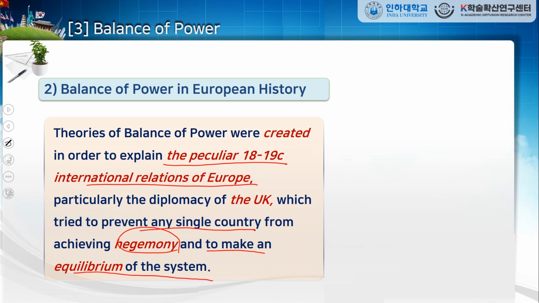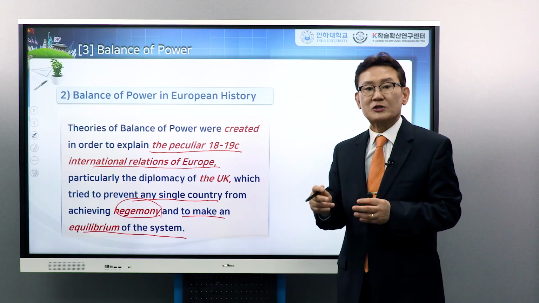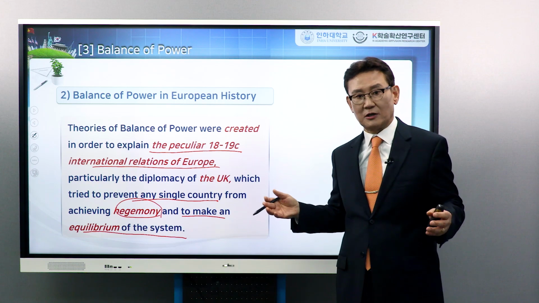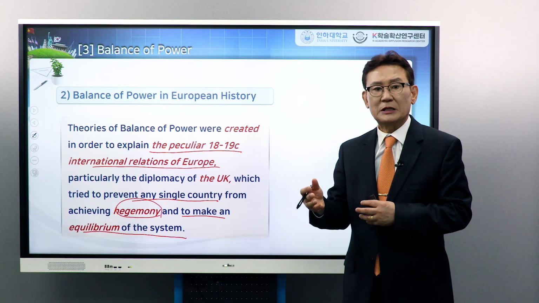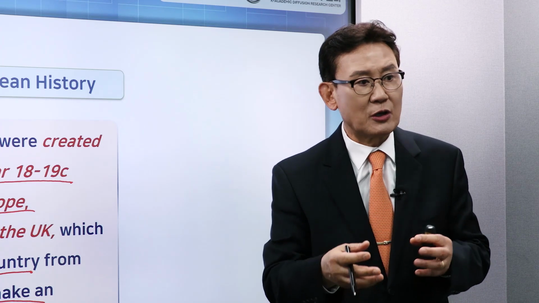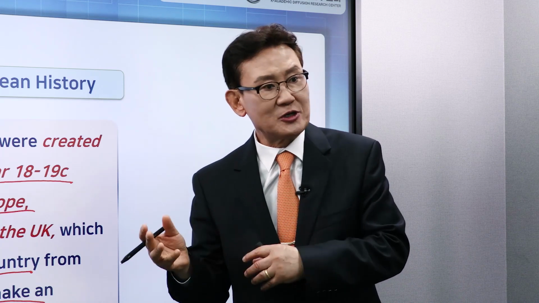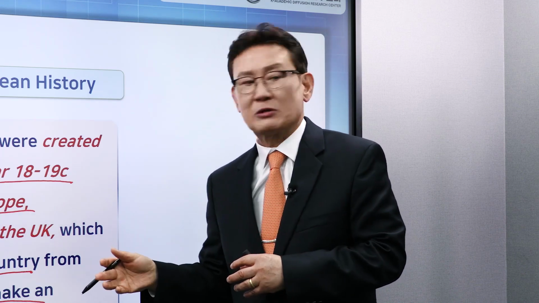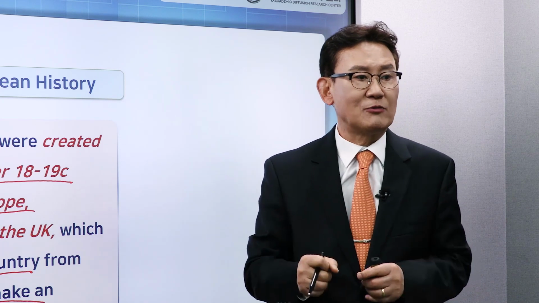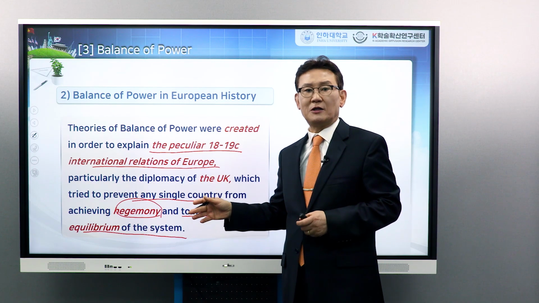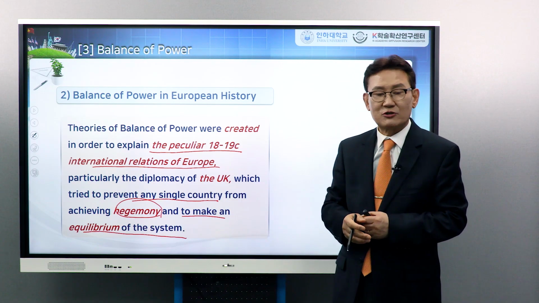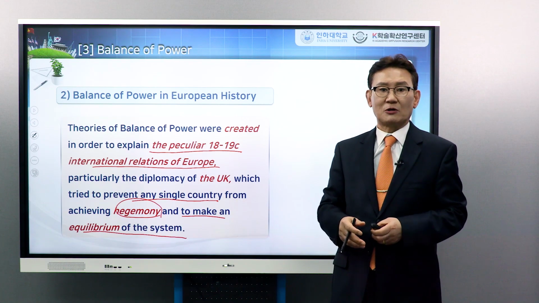In the 18th century, the UK had already completed industrialization, so the UK always wanted to trade with other countries and other continents. But continuously there were wars by France or Russia in the 18th and 19th century. So the UK wanted to make an equilibrium, a balance of power, in the European continent.